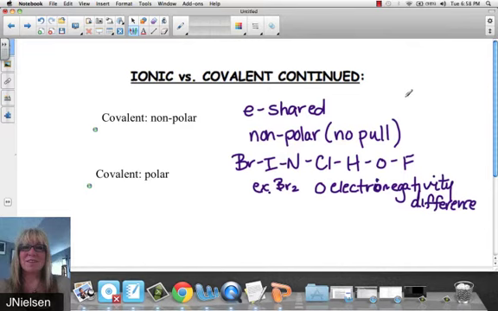Let me show you an example of this. We've got Br with 7 valence electrons. And then another Br comes in right next to it, and it's got 7.